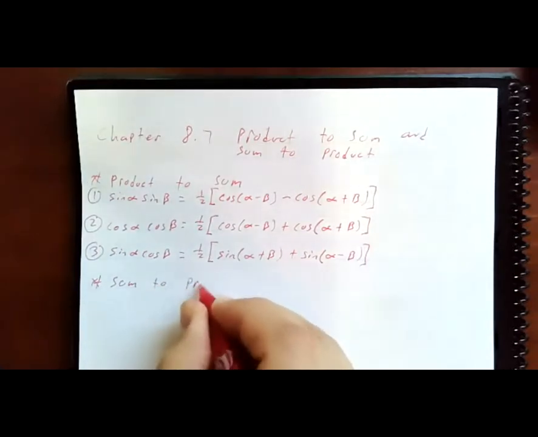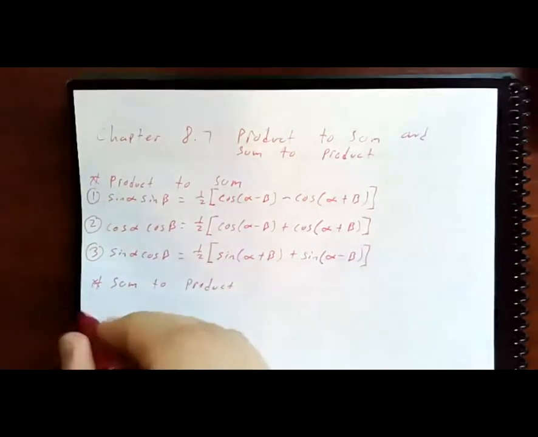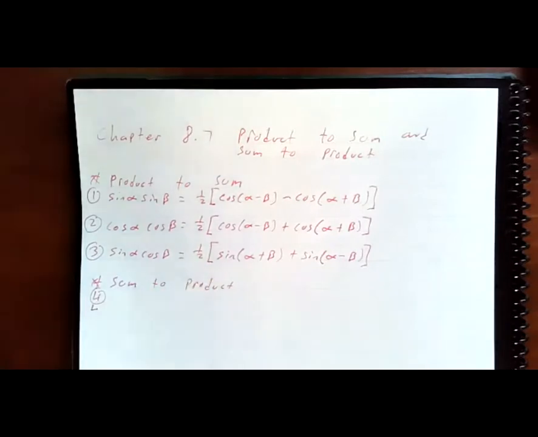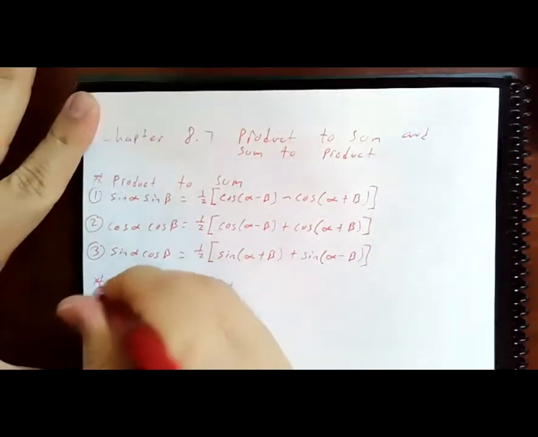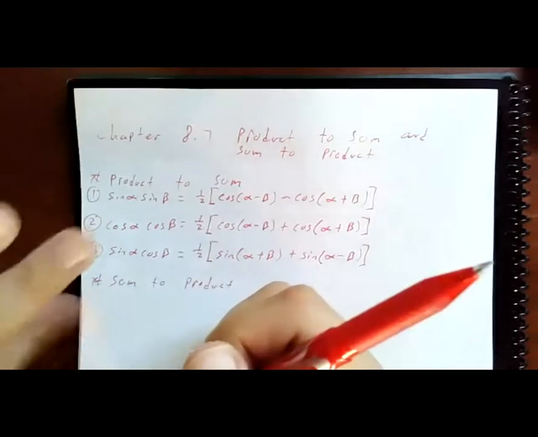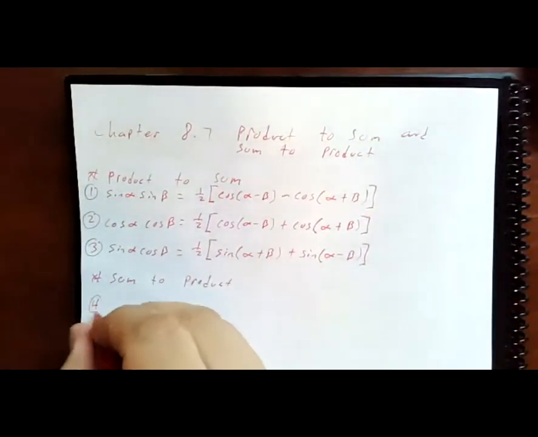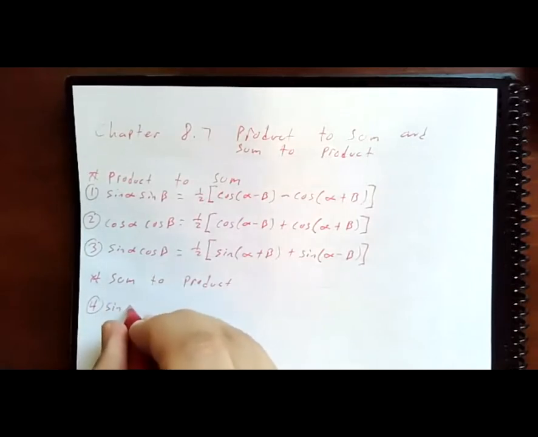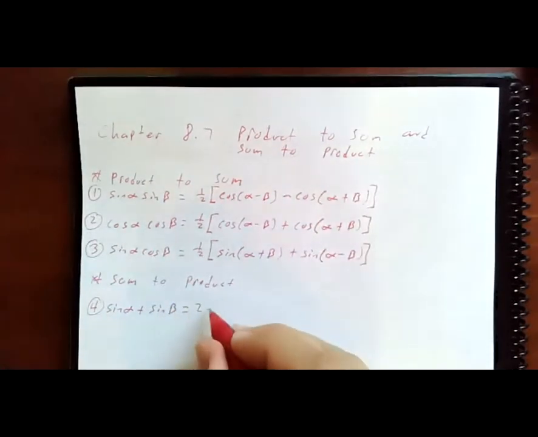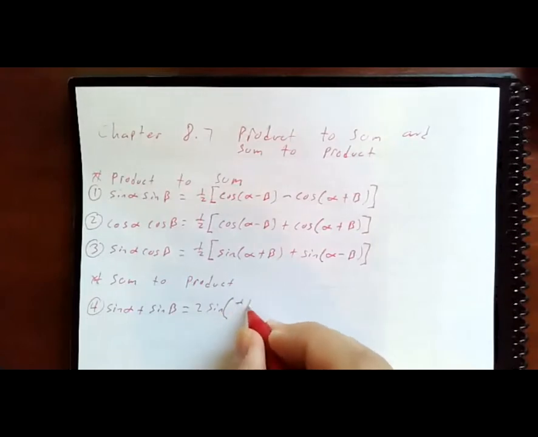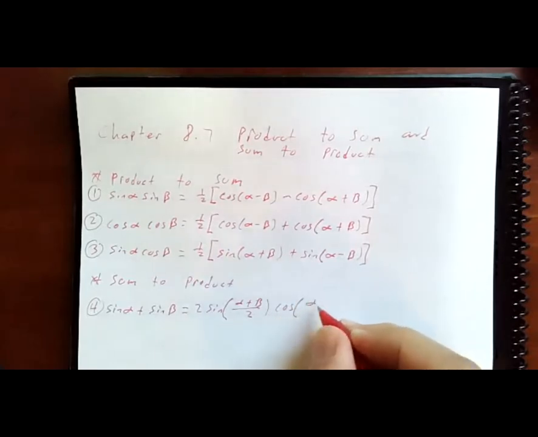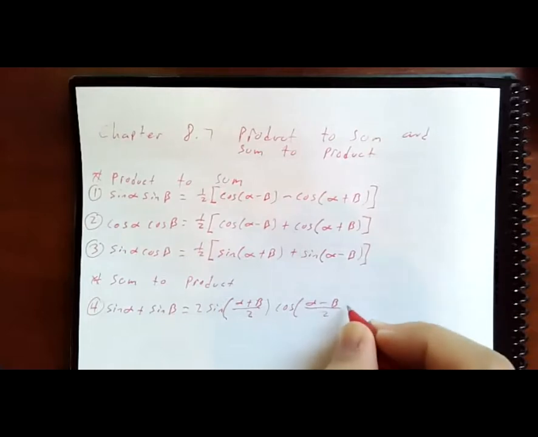Sum to product. So going the other direction. Sine alpha plus sine beta is equal to 2 sine alpha plus beta over 2 times cosine alpha minus beta over 2.